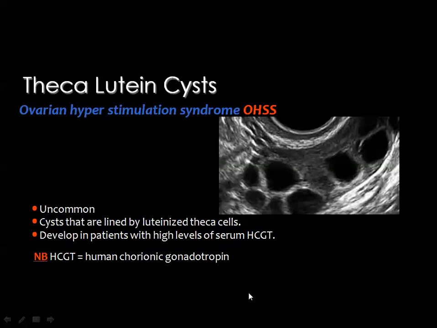Then we come to the ovarian hyperstimulation syndrome or the theca lutein cysts. This disease is uncommon and usually develops in relation to elevated human chorionic gonadotrophin in blood.